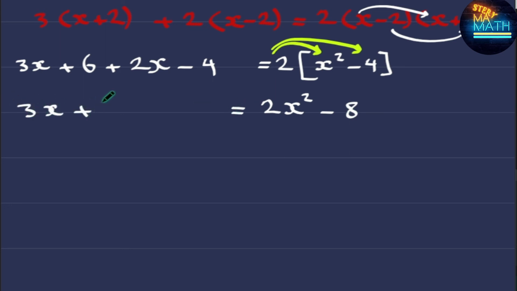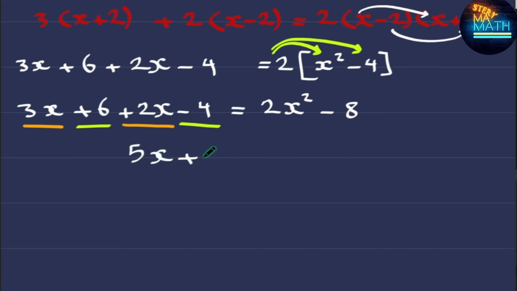Now on the left-hand side, you have like terms, those with the same variable: 3x plus 2x. The constant terms are also like terms, 6 minus 4, because each is a number. So 3x plus 2x is 5x, and 6 minus 4 is 2, and on the other side you have 2x squared minus 8.